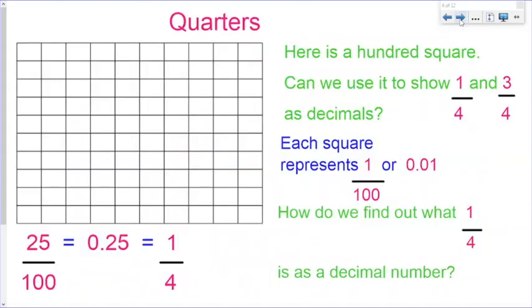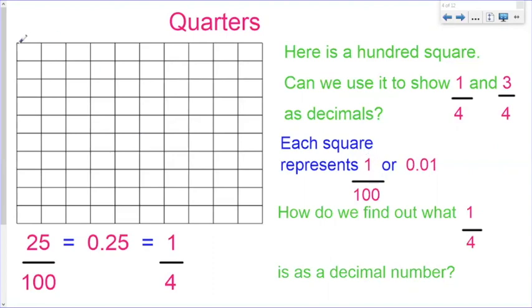Moving on, let's move on to quarters. Here is a 100 square. We can use it to show 1/4 and 3/4 as decimals. So let's have a look. Each of these 100 squares represents 1/100th.